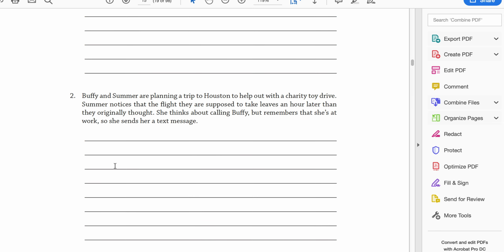Buffy and Summer are planning a trip to Houston to help out with a charity toy drive. Summer notices that the flight they are supposed to take leaves an hour later than they originally thought. Yeah, that happens often in Houston, but whatever. She thinks about calling Buffy, but remembers she's at work, so she sends her a text message. There are various situations that can result in an error for number 2.